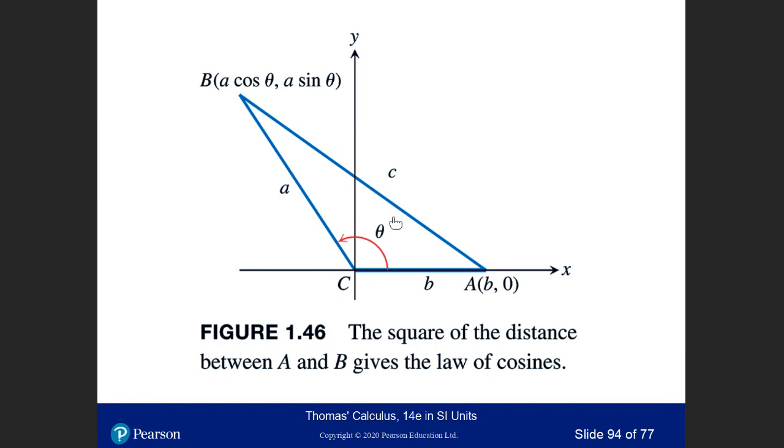But H1 is equal to what? I can write H1 as B times sine A because there is a right triangle here.